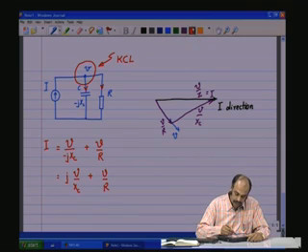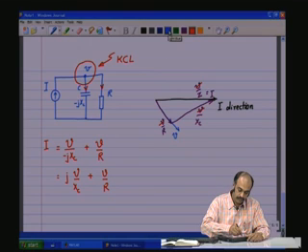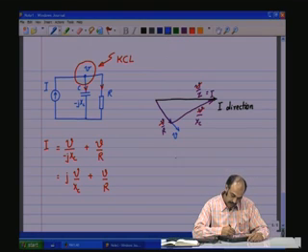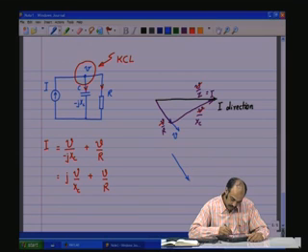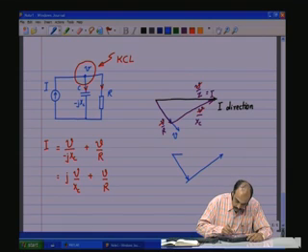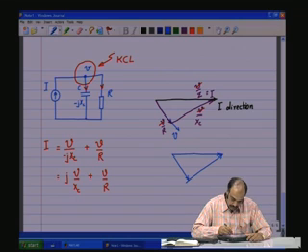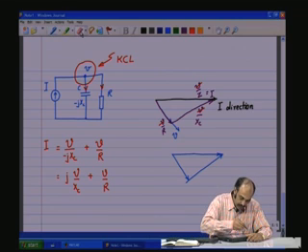Now, here you can remove that, V being common. So, we will end up with a triangle which is like that. So, this is the triangle that you will end up with.